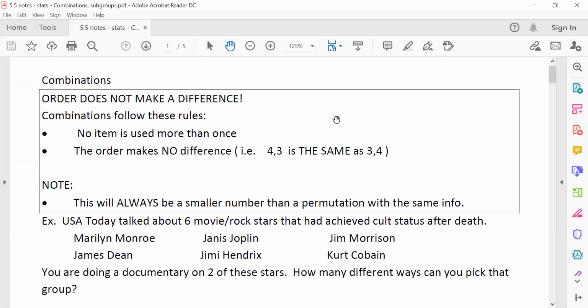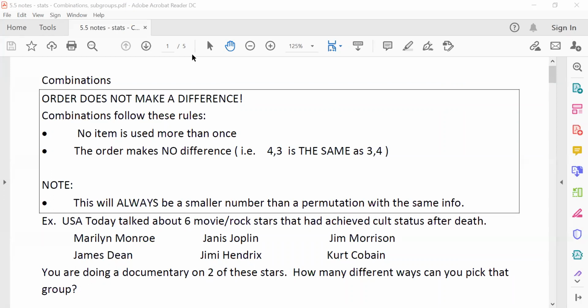But in general, if this company with 20 employees wanted to know all the ways it could pick a special committee to go investigate something, and you'd pick 3 people, but they were all just individual committee members with no title differences between those 3 people, then you're talking about a combination, because the order of the smaller group of 3 does not matter.